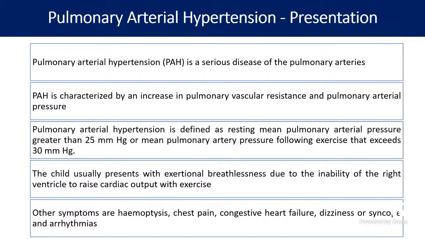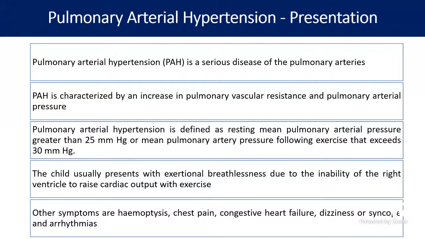Pulmonary arterial hypertension occurs because of increased pulmonary vascular resistance or right ventricular pressure, and this will cause what? The child will present with breathlessness. So if breathlessness is there, what is there? There can be a possibility that the child is having failure because of, right from your anemia, you should remember, or a respiratory problem or cardiac problem. Now, what is this cardiac problem? It can be pulmonary arterial hypertension.